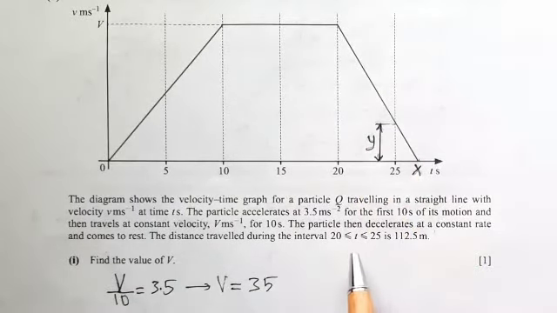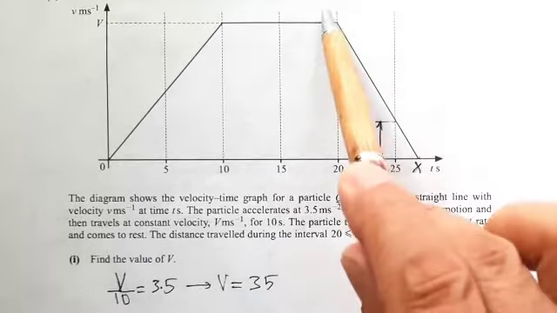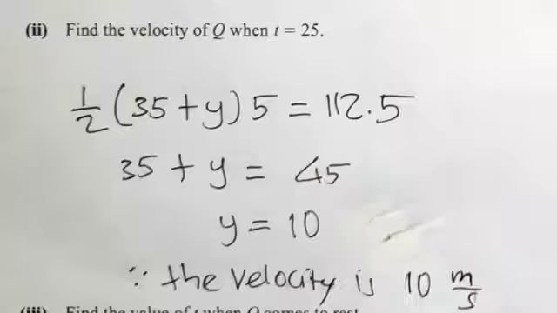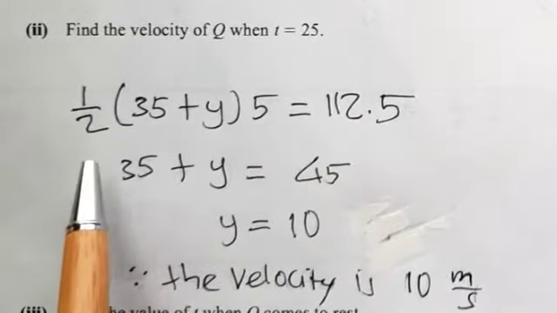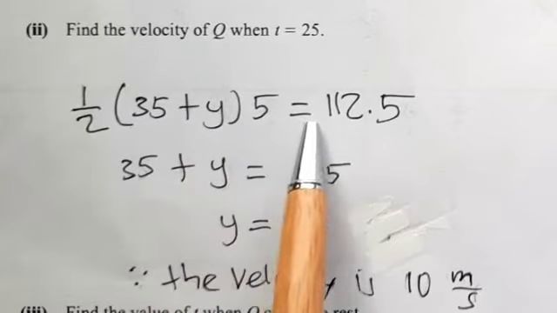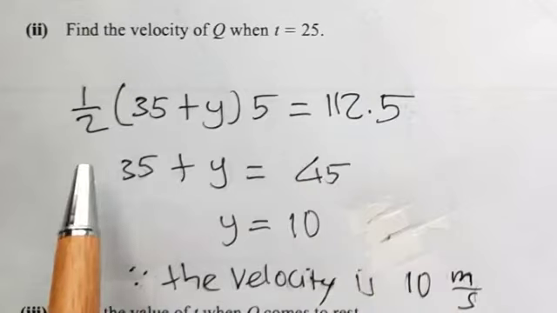Thus for the interval from 20 to 25, the area of this trapezium is the distance travelled, 112.5 meters. Thus the area of the trapezium, half times the sum of the parallel sides times height, equals the distance travelled, that is 112.5.